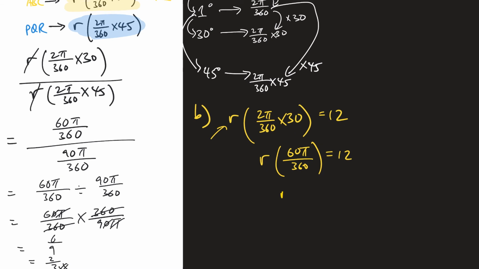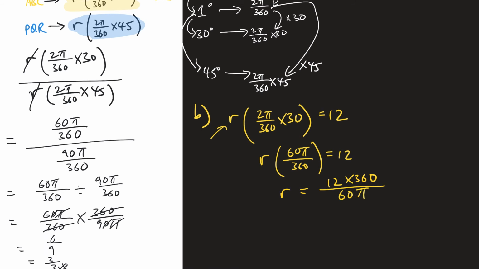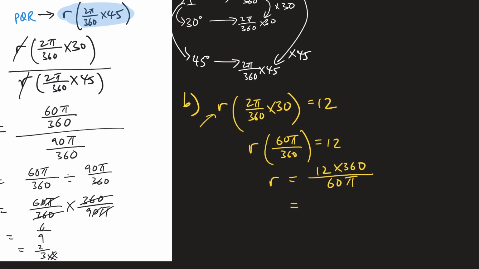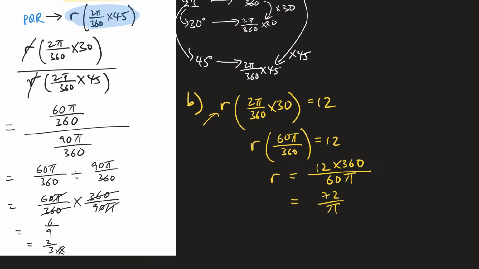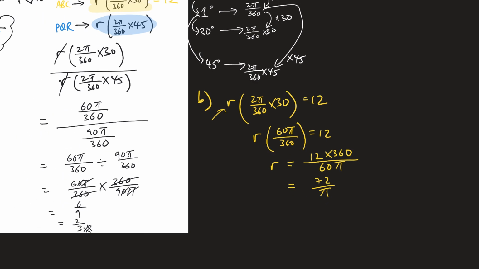And then I can say that R is equal to 12 times 360 divided by 60 pi. And that gives me 72 over pi. And I'm choosing not to substitute any value for pi yet, because I still need the value R. So I'm just choosing to leave it as pi, so that I don't have any rounding off error.